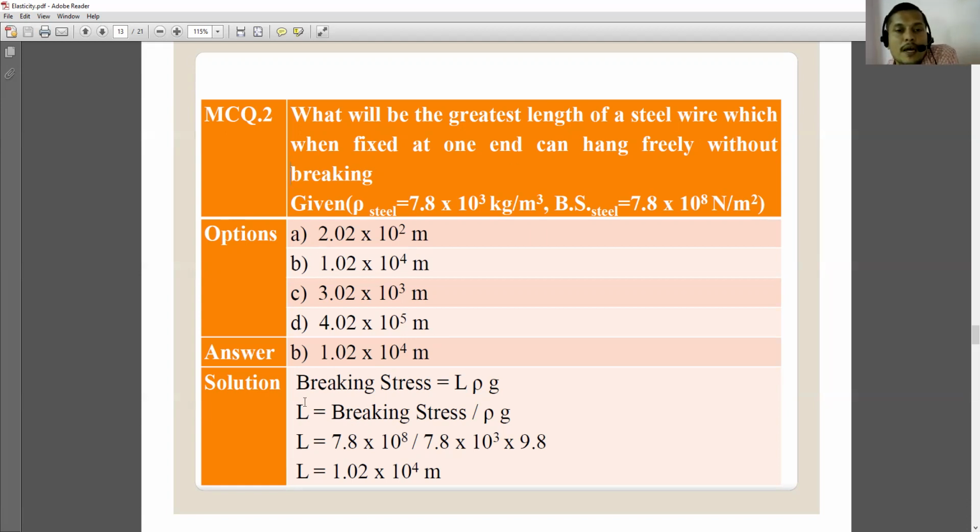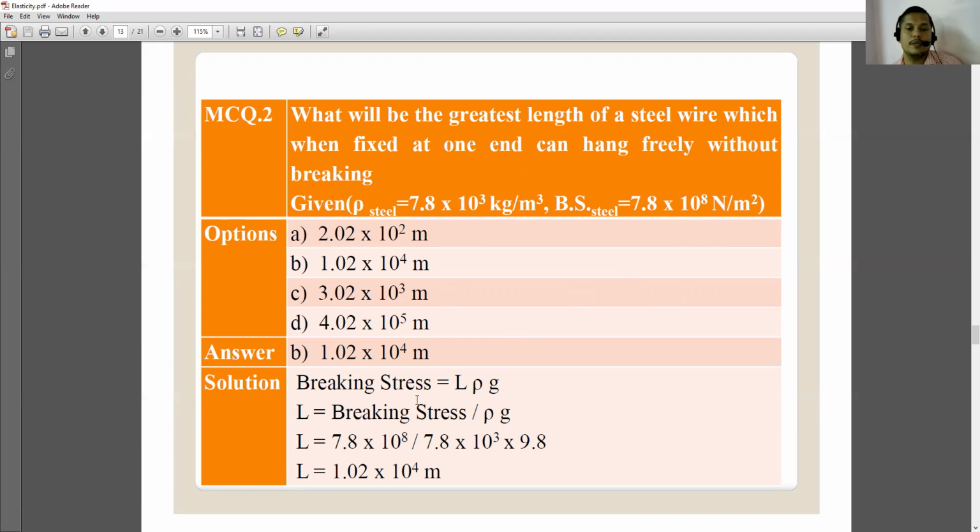which, when fixed at one end, can hang freely without breaking. Without breaking, that is the condition we are considering here. Different options are given to us.